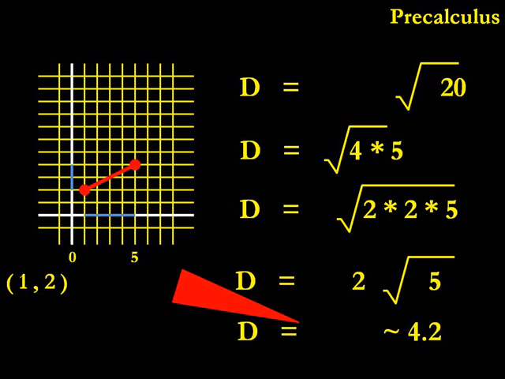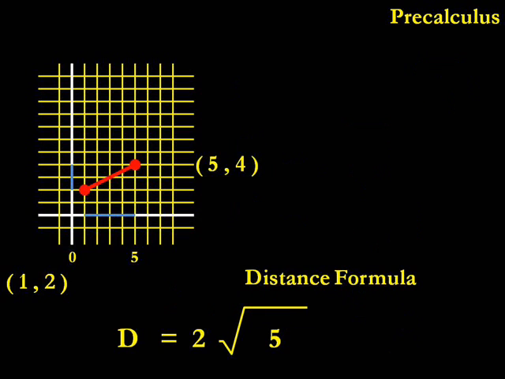But the right answer is D equals 2 times the square root of 5, which is approximately D equals 4.2. But in our terms, for pre-calculus and moving onward, you want to keep it in this form and not approximate.